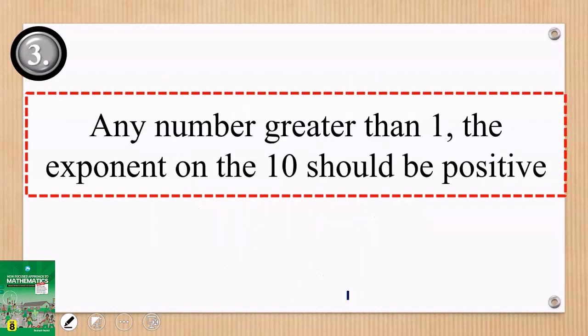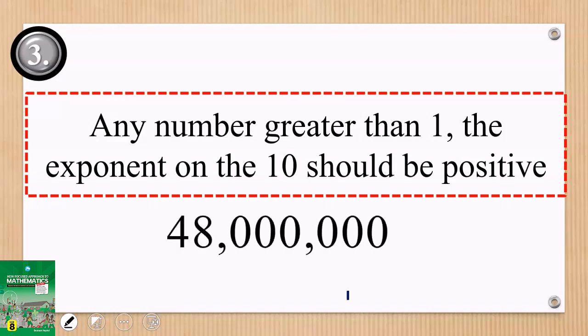Then the third rule says that for any number greater than 1, the exponent on the 10 must always be positive. For example, if I want to write 48 million, I will just start from there. Any whole number has a decimal point at the last end. For example, if I write 72, it's the same as saying 72.0.